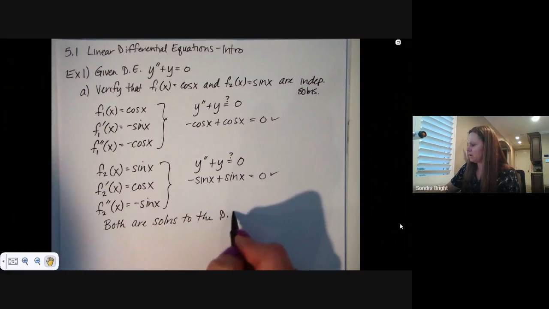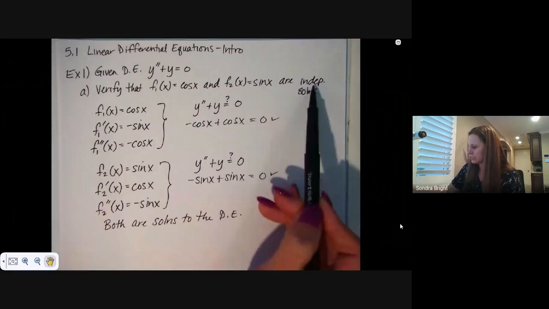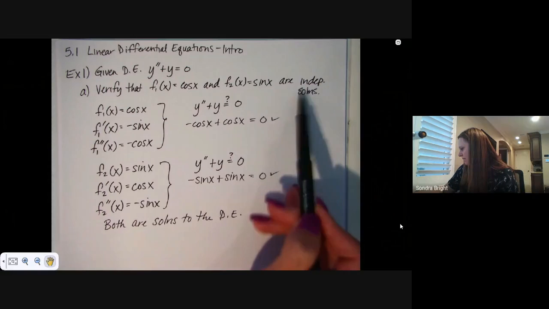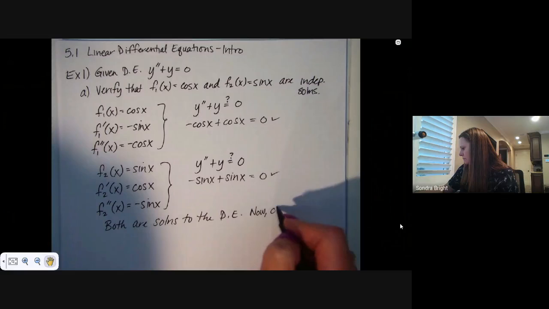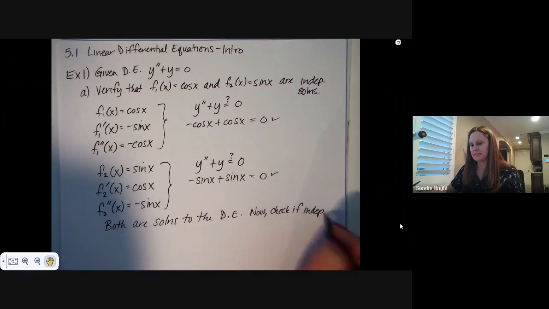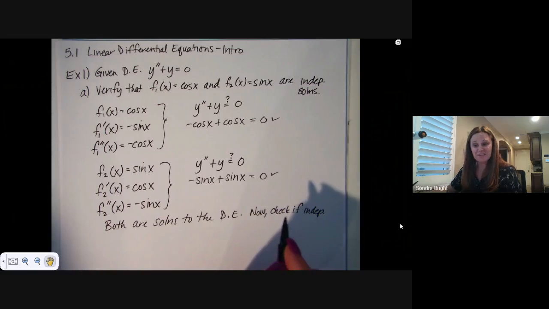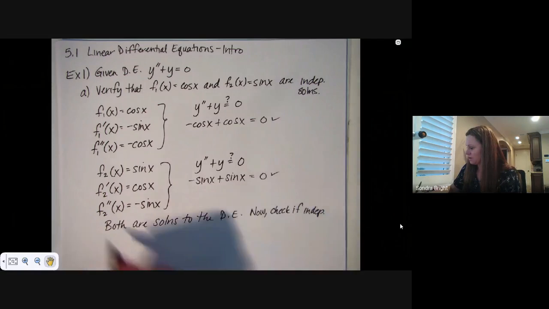Verify that these are independent solutions. Okay, so we've checked that they're solutions. Now we need to check if they're independent. How do we check that? Well, they're functions, and we did a nice thing last chapter with the Wronskian.